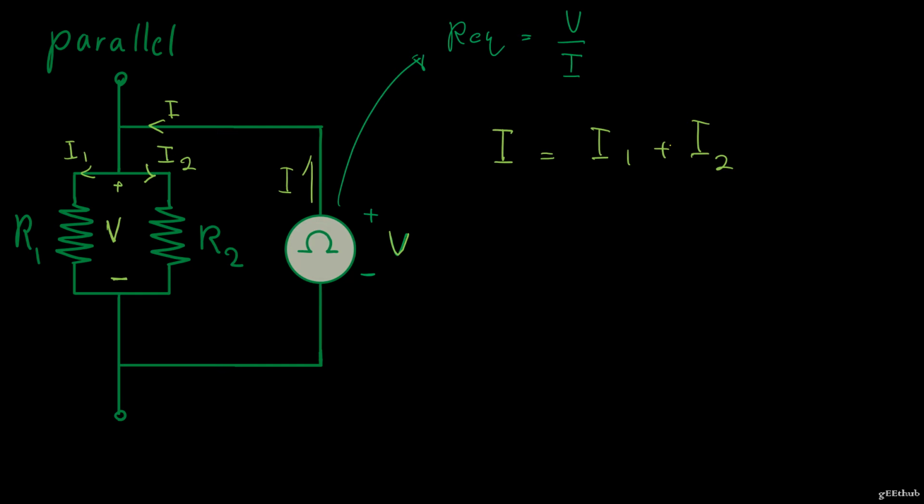It's not like the series anymore. These two resistors might have different currents in them. Now, with Ohm's law, I will replace I1 and I2 with V over R1 plus V over R2. Why? Because I know the potential difference across them. It's just V.